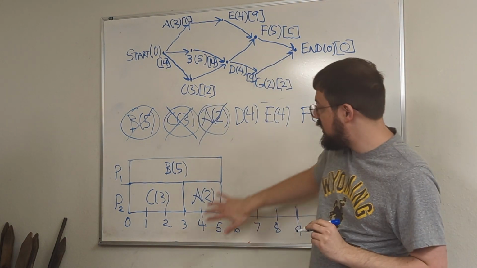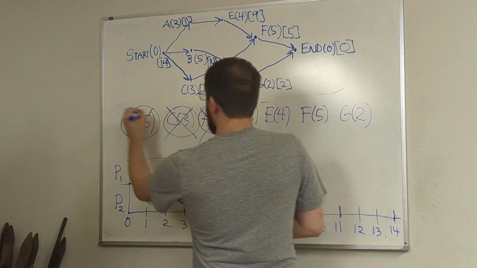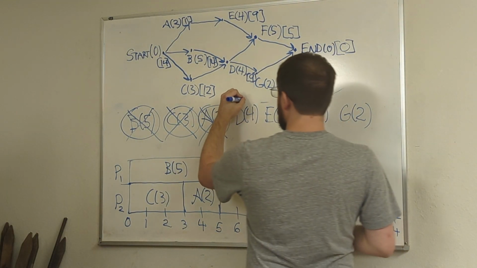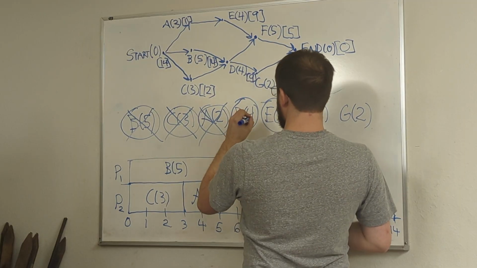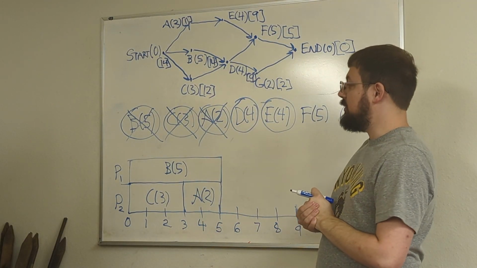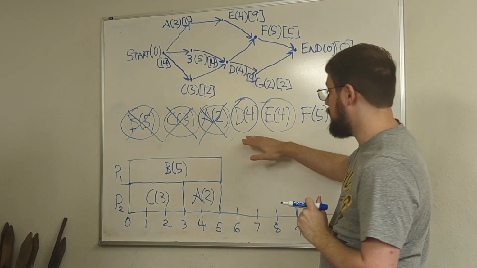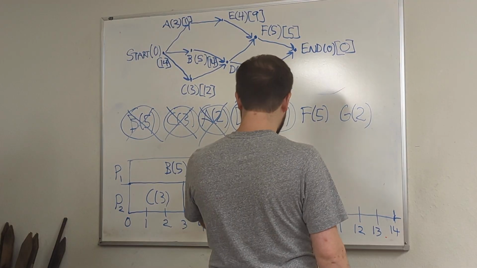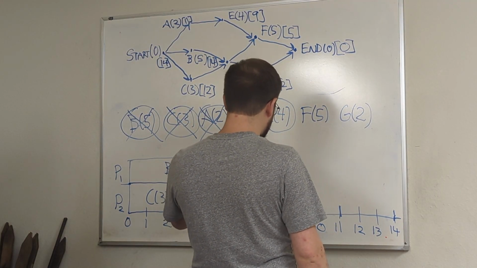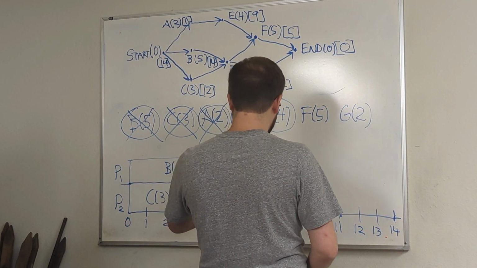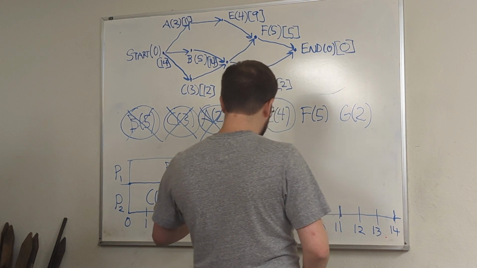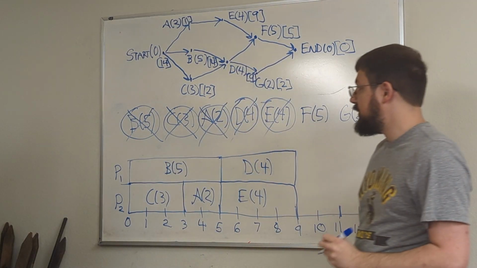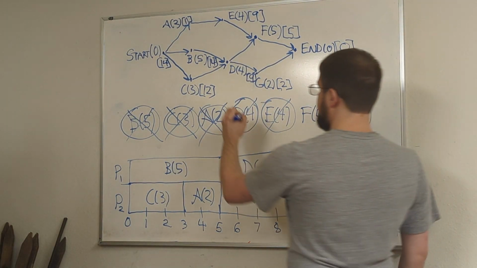Next thing that happens, A and B finish at the same time. So this is going to open up D and E. We have 2 processors available, so we can start on these at the same time. Next thing that happens, D and E finish at the same time.